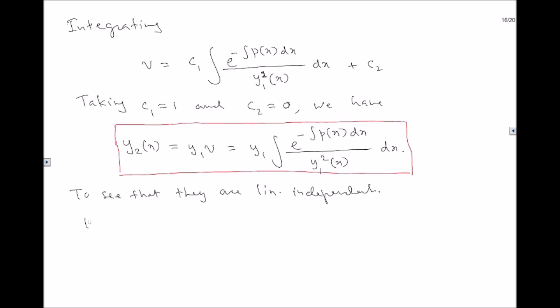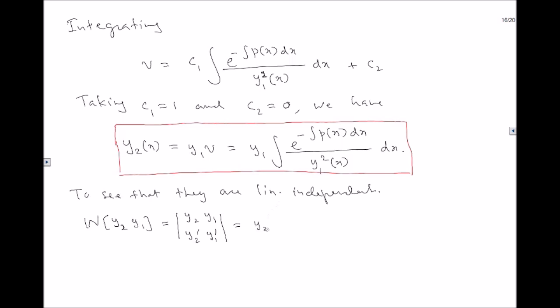We can look at the Wronskian W of y1, actually y2, y1, it doesn't matter. So which is the determinant with y2, y1, y2 prime, y1 prime. So let's plug in.